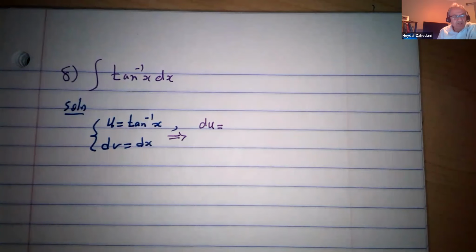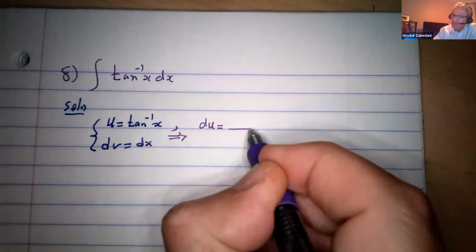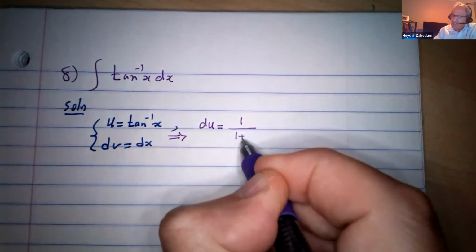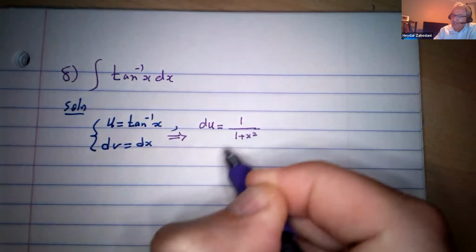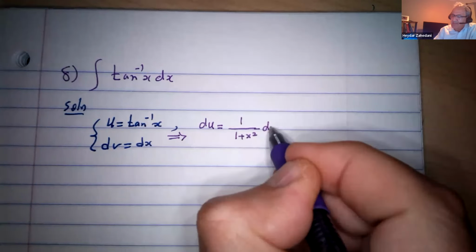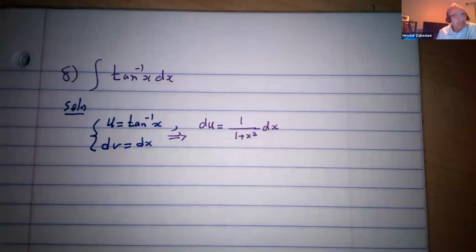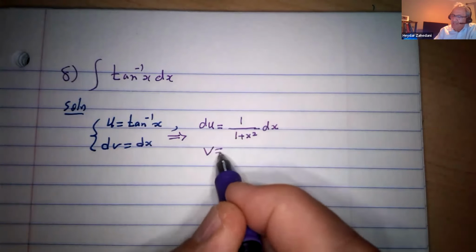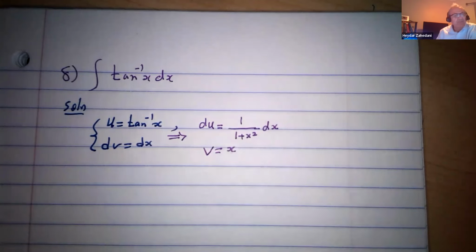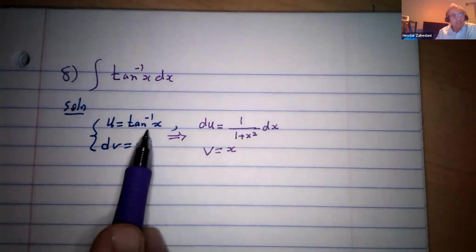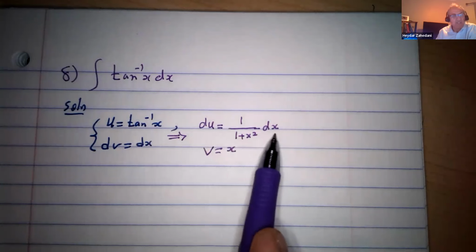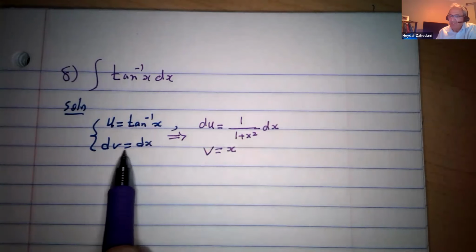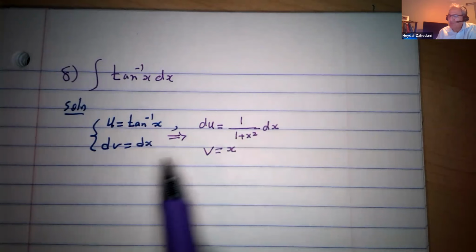The derivative of tan inverse is 1 over 1 plus x squared, times dx, because this is a differential. So u is tan inverse of x, dv is dx. In terms of v, that's easy: we integrate dx and we get x. So we differentiate the first one, and we integrate the second one.